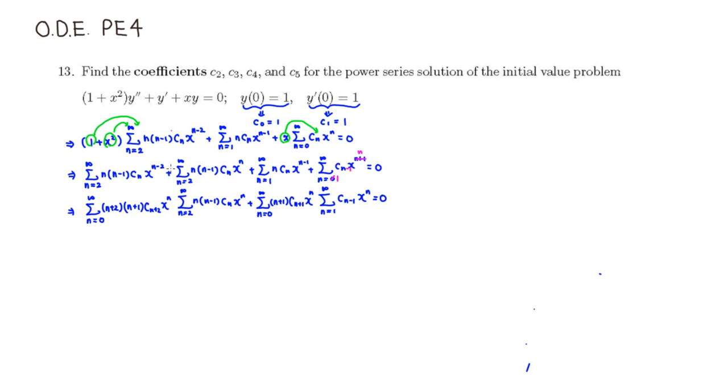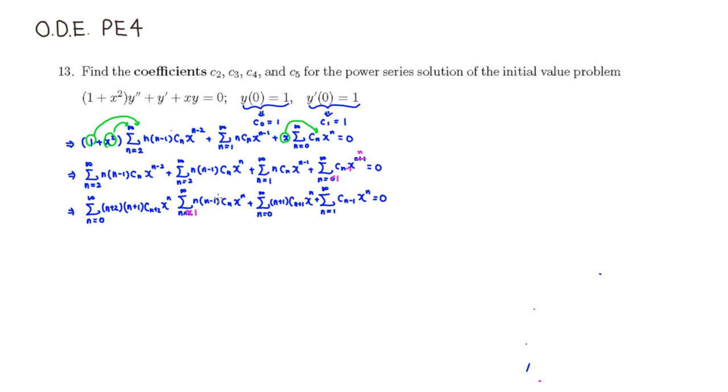Alright, then we have to do something here. Some of them start from 0, some of them start from 2. So let's see, I'm going to try to make them all start from 1. One thing I can do with this guy is, since when n equals 1, this guy is actually 0 anyway, I can change that to 1 without doing anything.